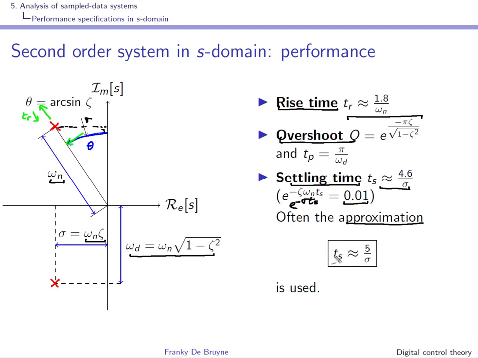So the settling time is 5 over sigma, where sigma is the real part of the poles. So if you want to decrease the settling time, what you should do is increase the real part. So you should go this way, and this will decrease the settling time, right?